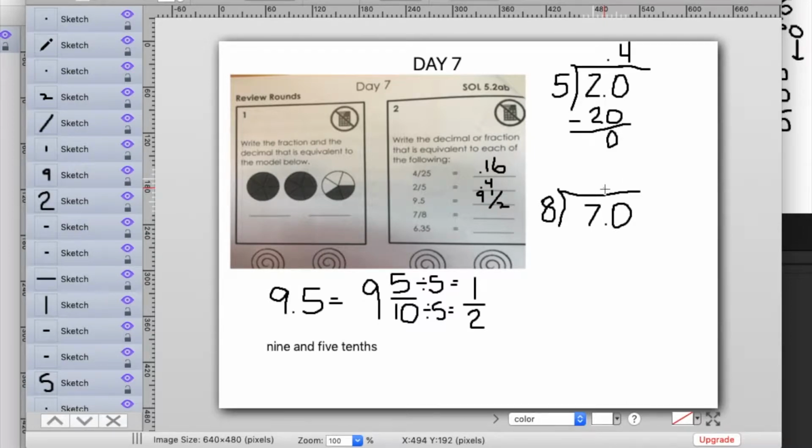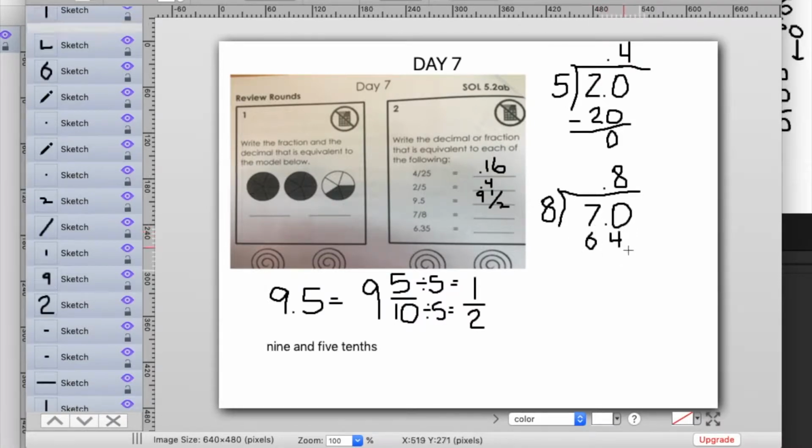Well, if I skip count 8s, I end up getting to 64 without going over, because 8 times 8 is 64. So I know 8 can fit into 70 8 times without going over, and I know 8 times 8 is 64. What do I do here?